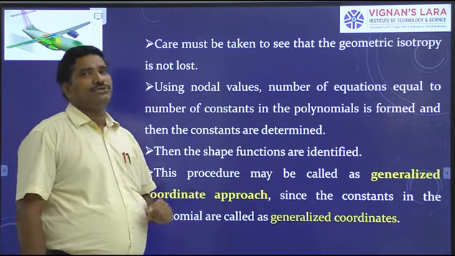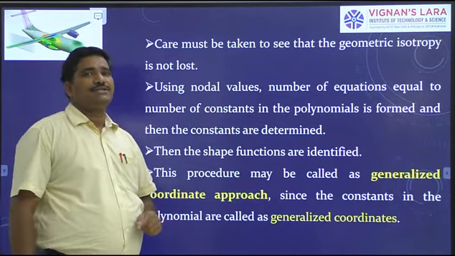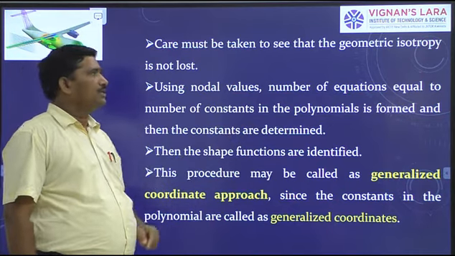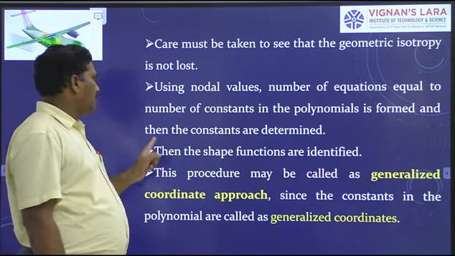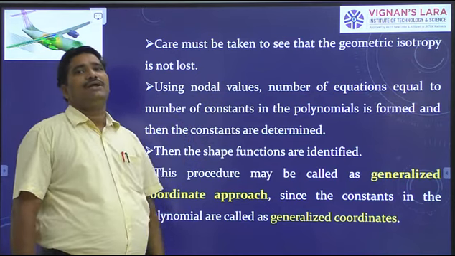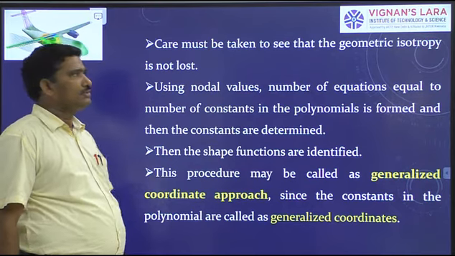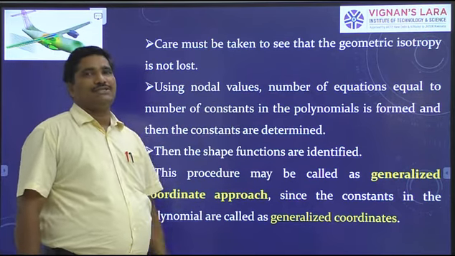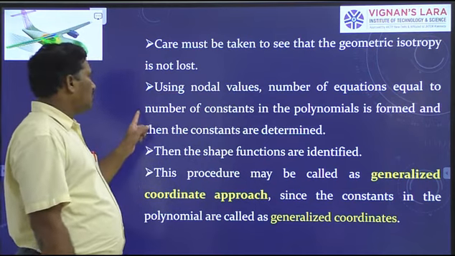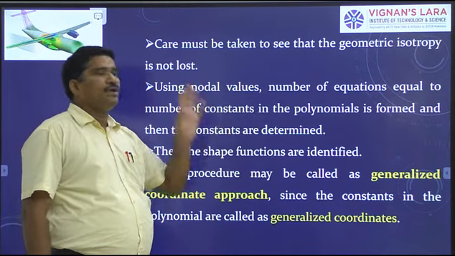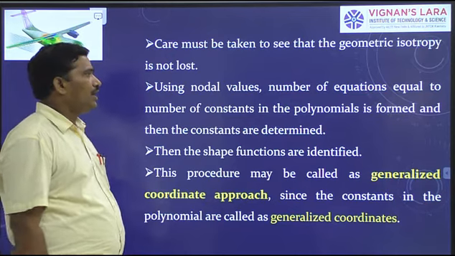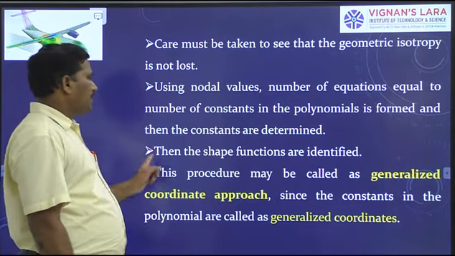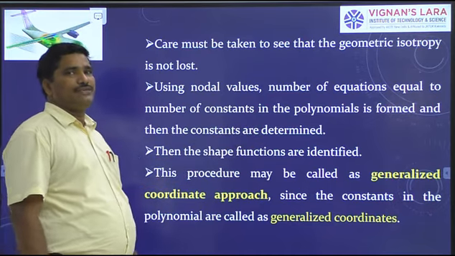Using the nodal values, the number of equations equal to the number of constants in the polynomial is formed and then the constants are determined. Then the shape functions are identified.